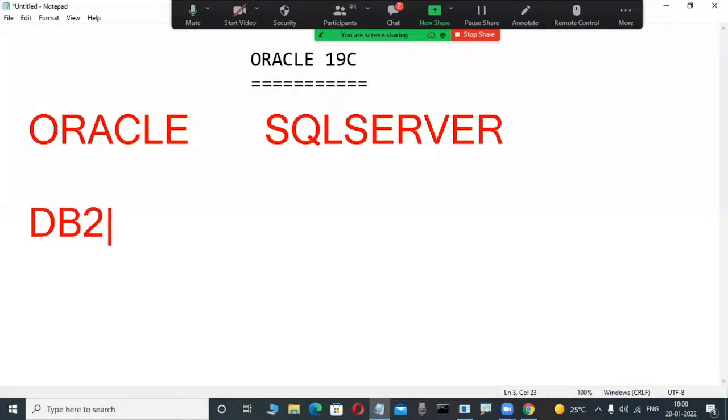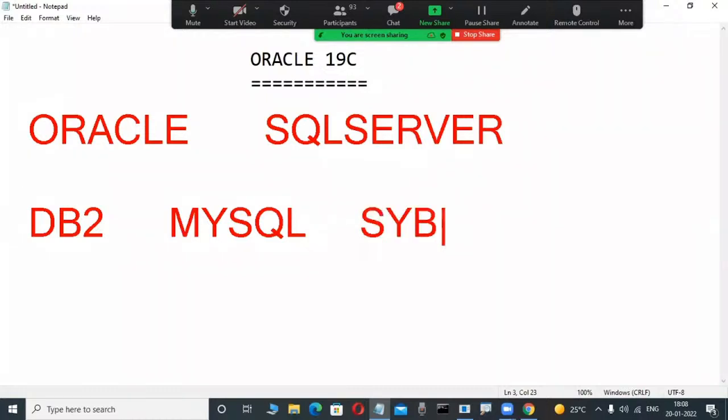DB2 is a database product from IBM. MySQL is an open source database product, but nowadays Oracle Corporation has purchased it. Sybase is a database product from Ingres Corporation. Again, Teradata.